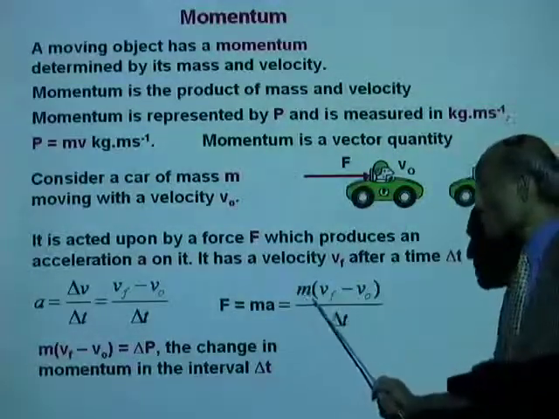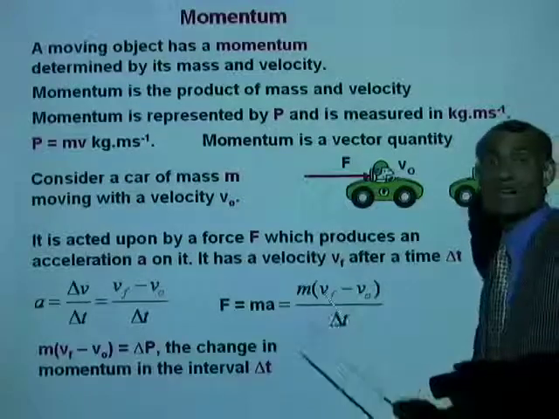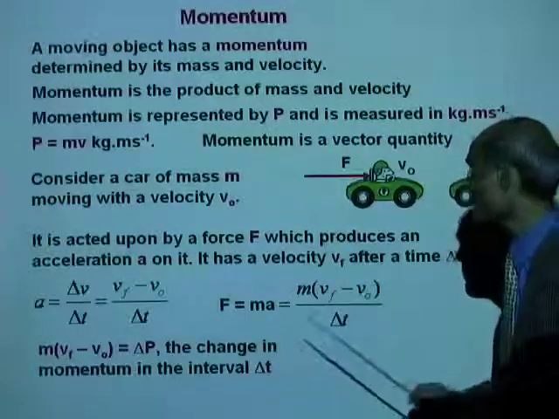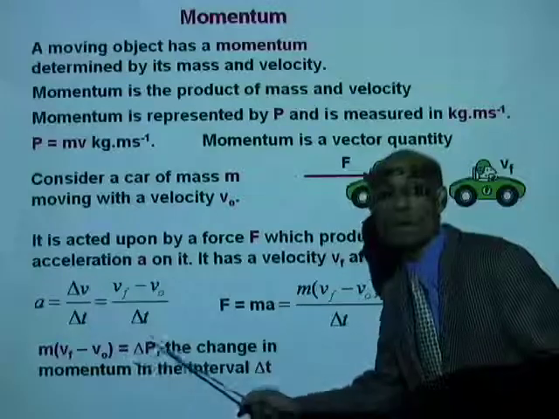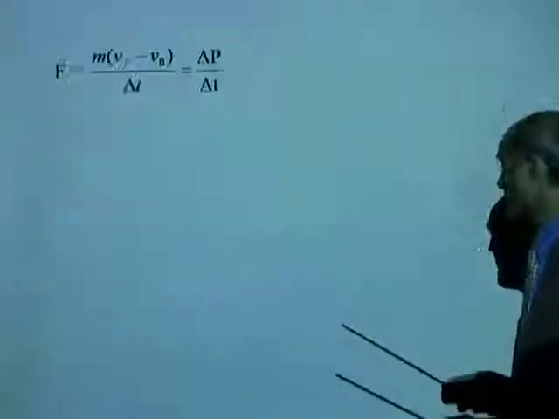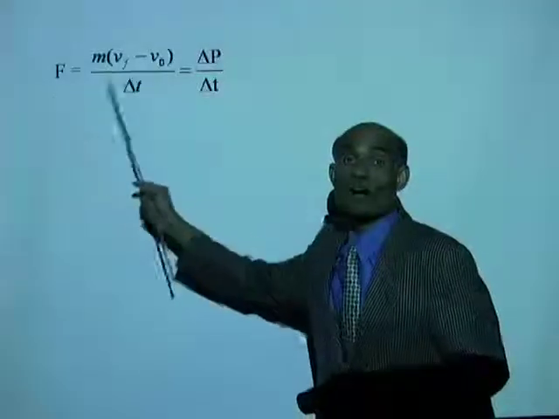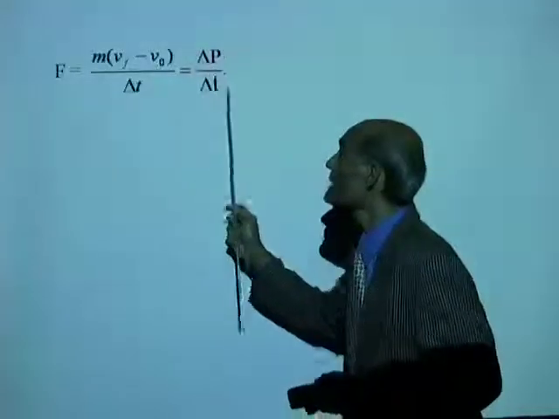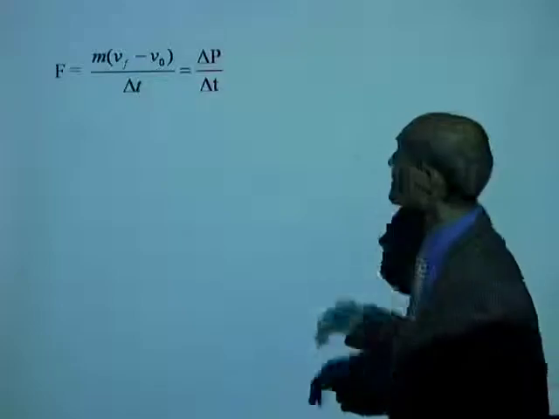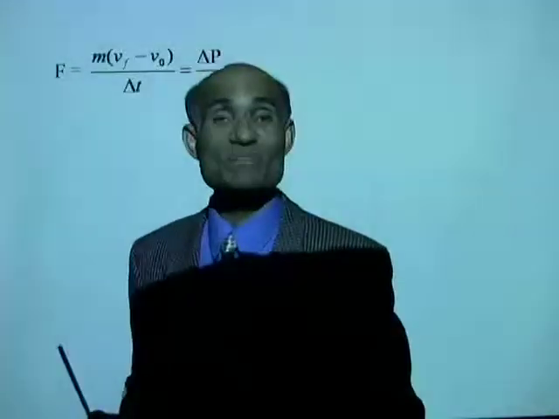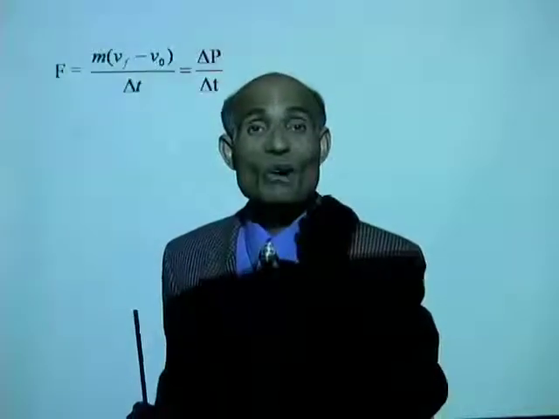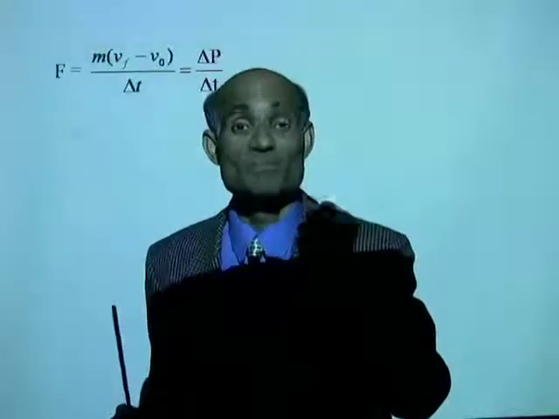So I can replace that numerator, m times (vf minus v0), by the quantity delta P. So I have the force acting on the car equal to delta P divided by delta t. What does delta P divided by delta t represent? The rate of change of momentum.